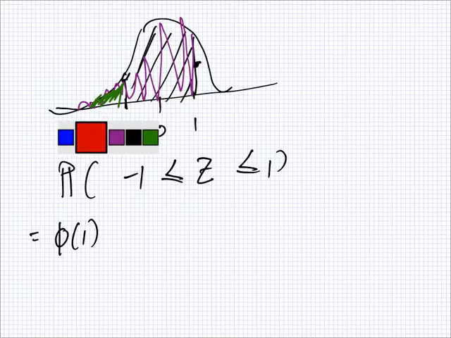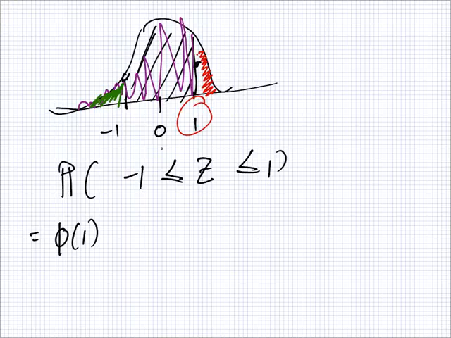But this green area is the same as this red area, and this red area equals 1 minus this value. So it'll be the table value of 1 minus the table value of minus 1.